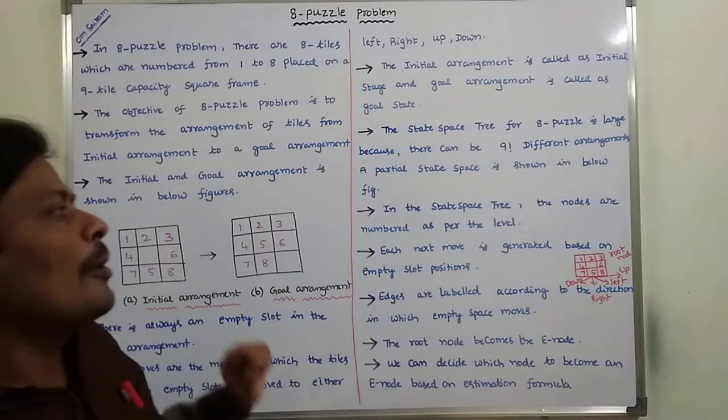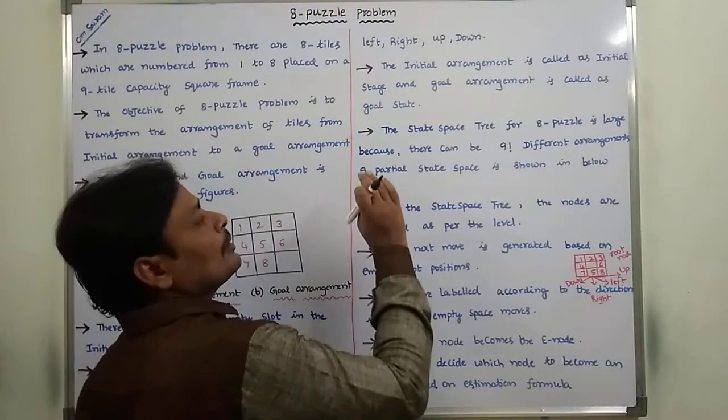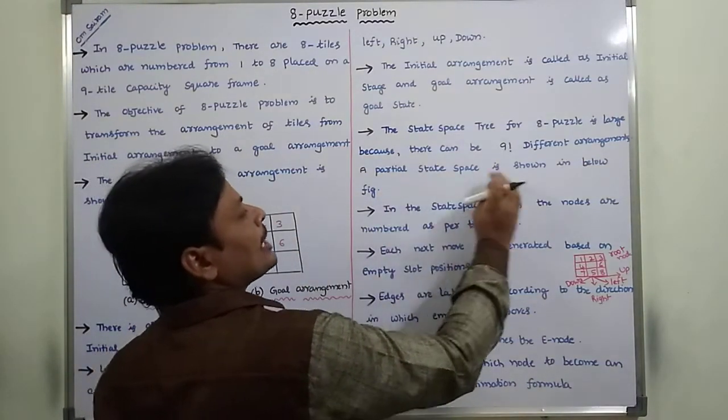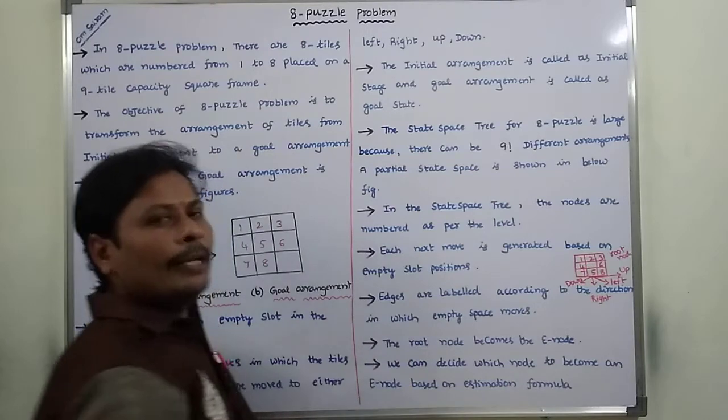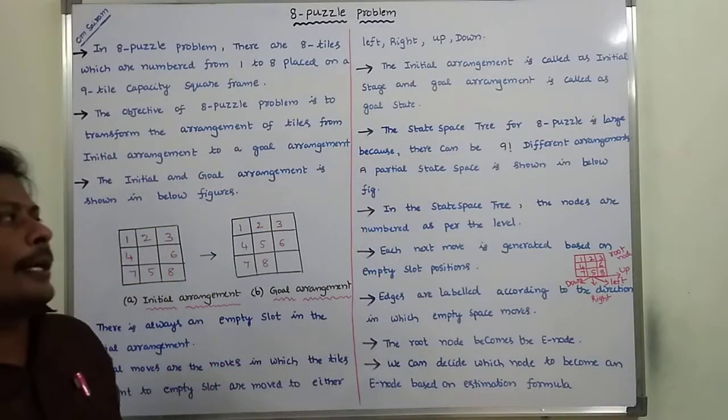Because of that reason, only a partial state space tree is shown in the figure below.